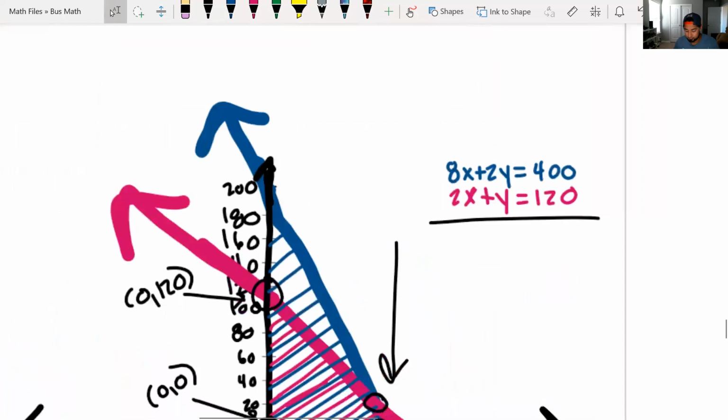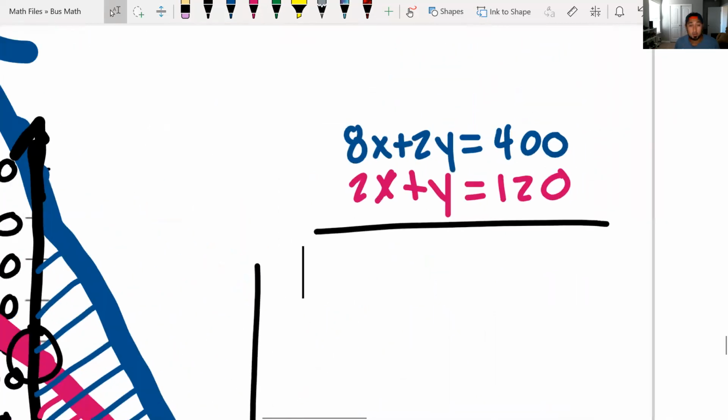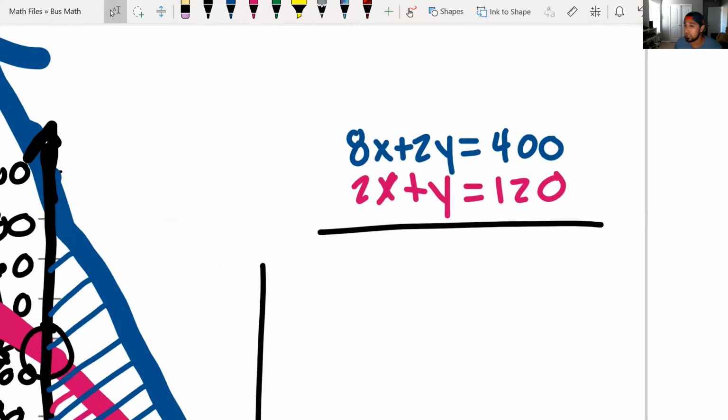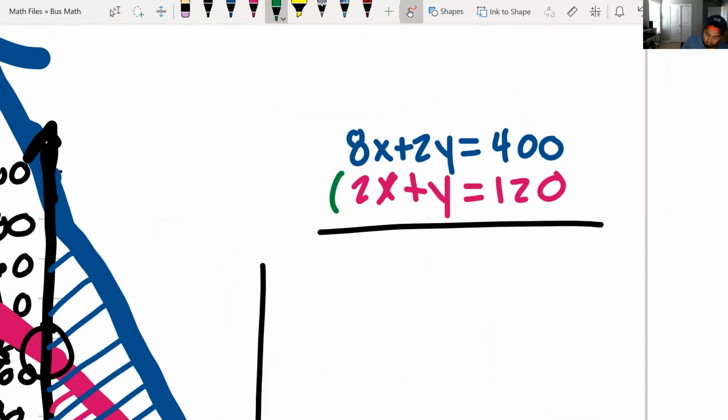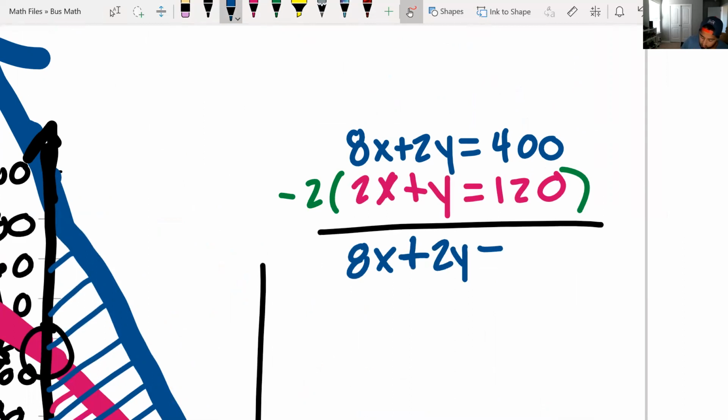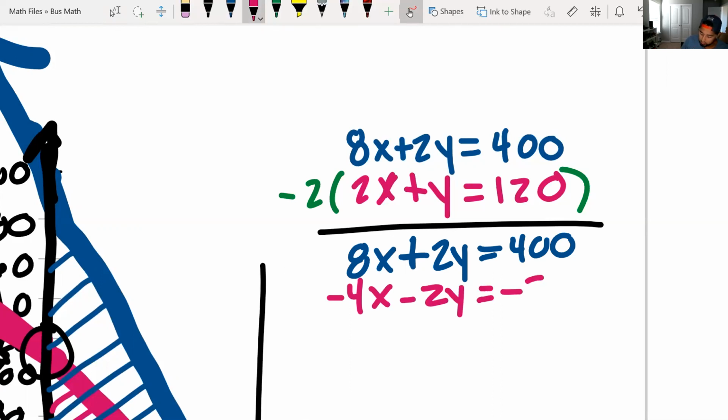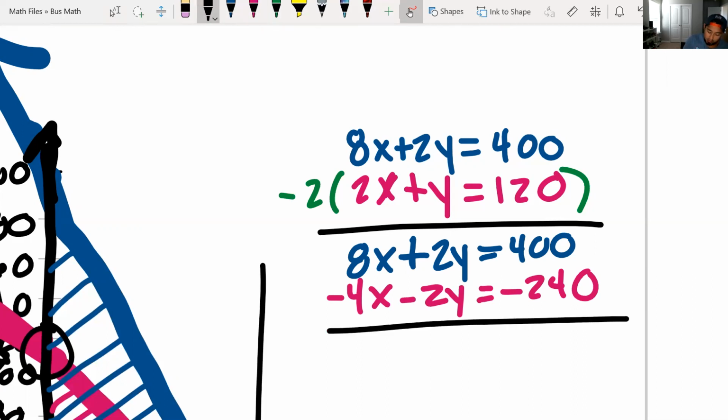Okay, good. Now, solve it by using the elimination method. We'll get rid of y, that's the easiest one. So I'll multiply this one by -2. We'll get 8x plus 2y equal to 400, and -4x minus 2y equals -240.